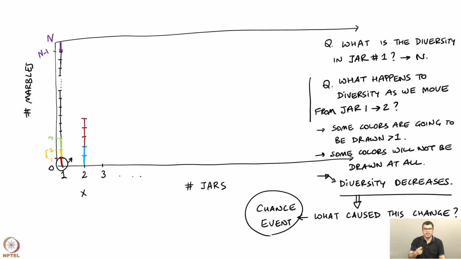It was 1 by n frequency in jar 1, but by the time it got to jar 2, red color is 3 by n frequency. Its frequency has tripled, and that has also happened because of chance events, because every marble had an equal chance of being drawn. So, chance events are causing a decrease in diversity and different frequency changes for different colors. That is one.